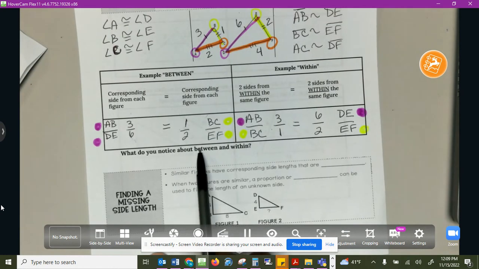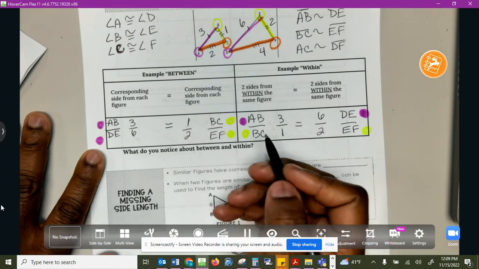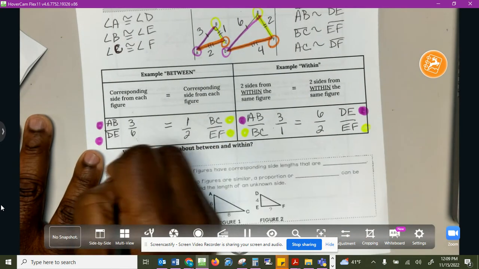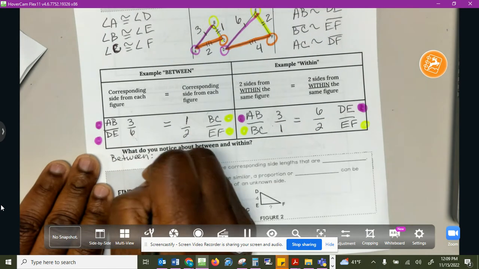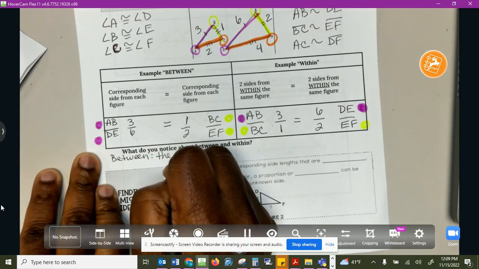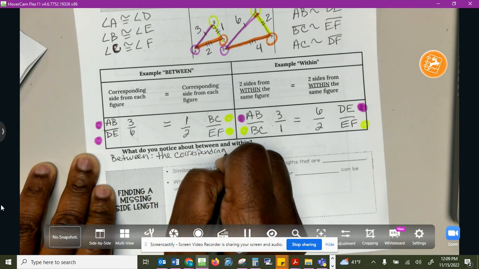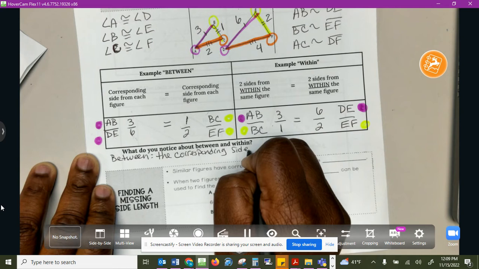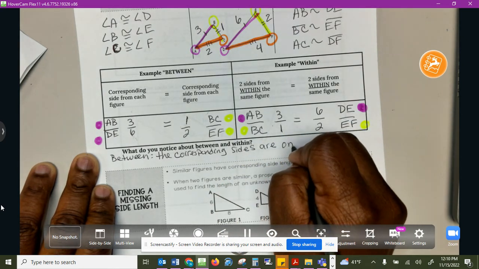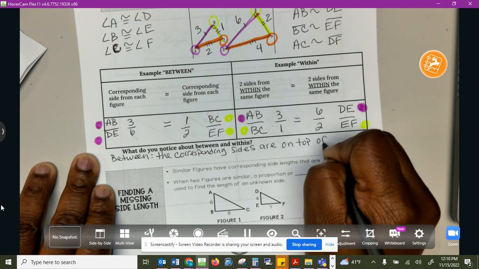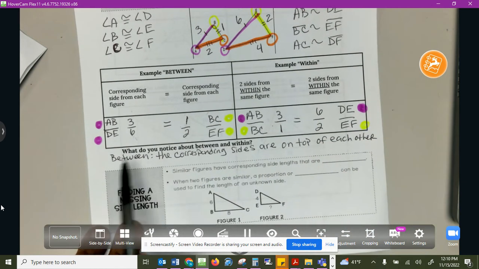What do you notice about between and within? Well, one thing I noticed is that when we're talking between, the corresponding sides are on top of each other. Take a look.